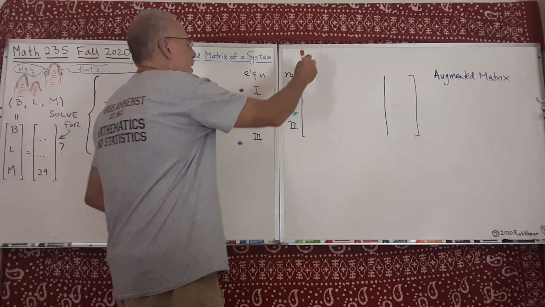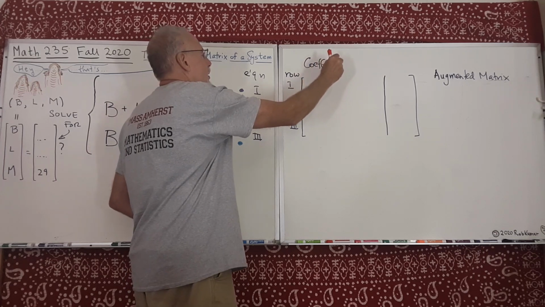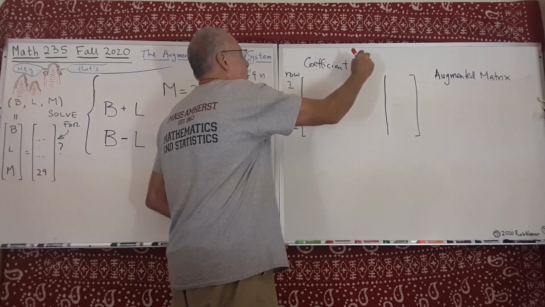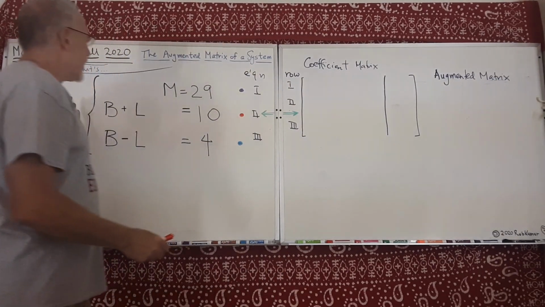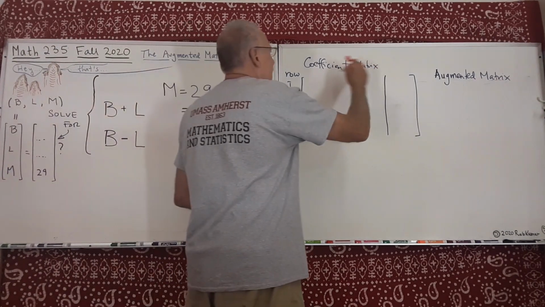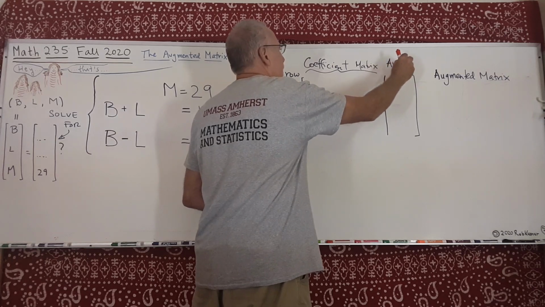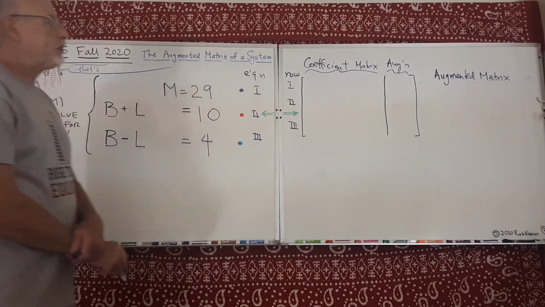There's the so-called coefficient matrix, which comes from the coefficients here, and there's the augmentation, which in this case is a single column.